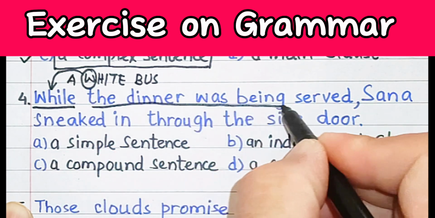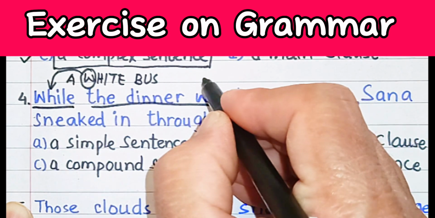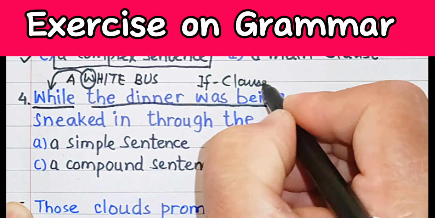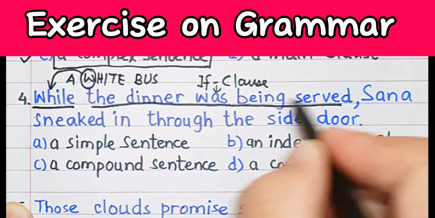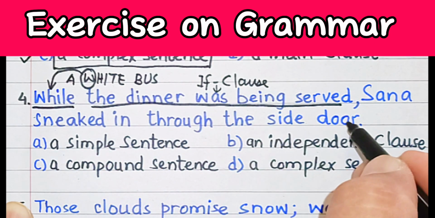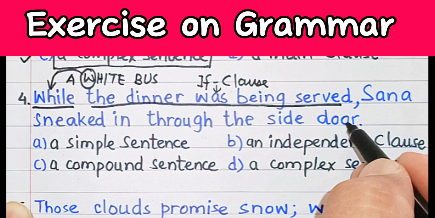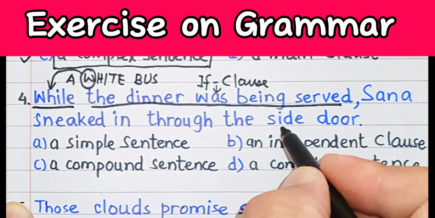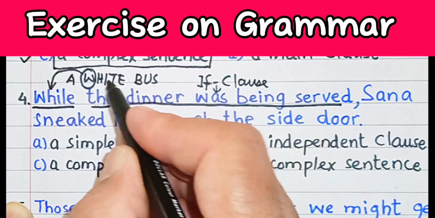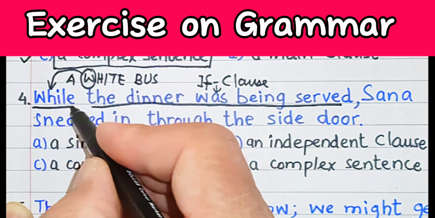So this particular part of the sentence or clause is called if clause or dependent clause. And Sana sneaked in through the side door. So Sana managed to come into the hall or the dining place from the side door. So while is representing that this is the subordinated clause.